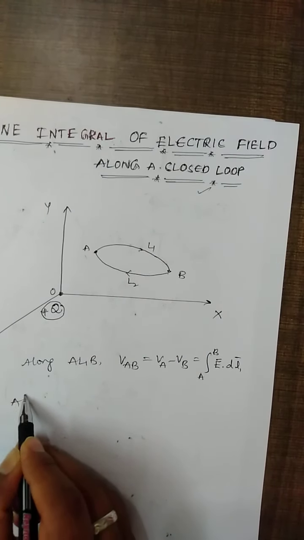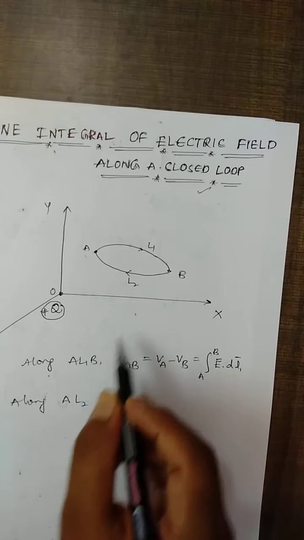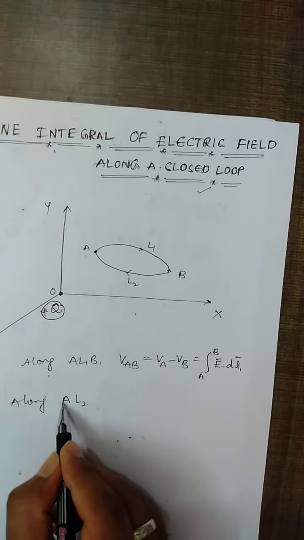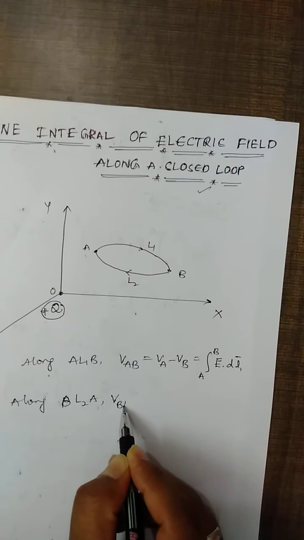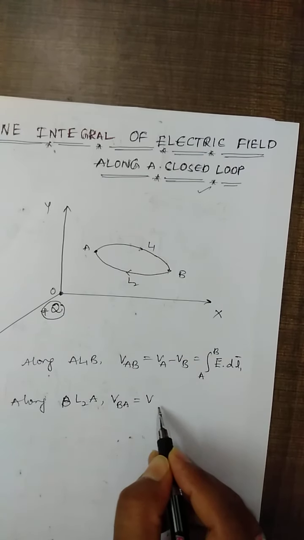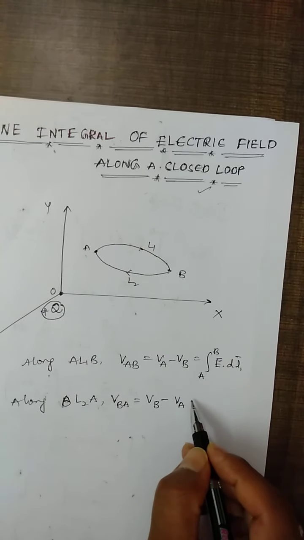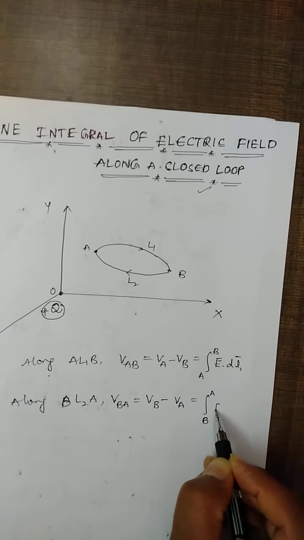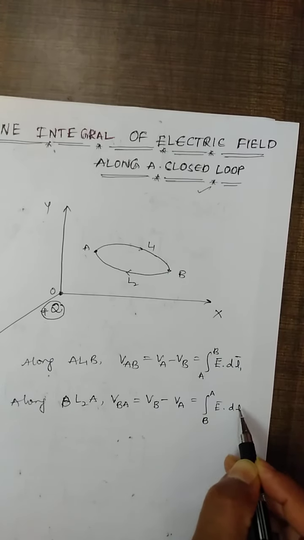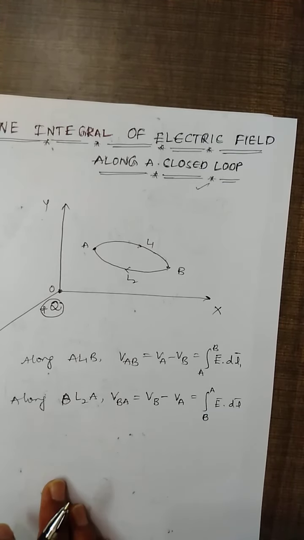Similarly, along path A L2, if it is moving from B to A, the potential difference from B to A is VB minus VA, equal to the line integral from B to A of E bar dot dl bar. Now what is the total net electric potential?